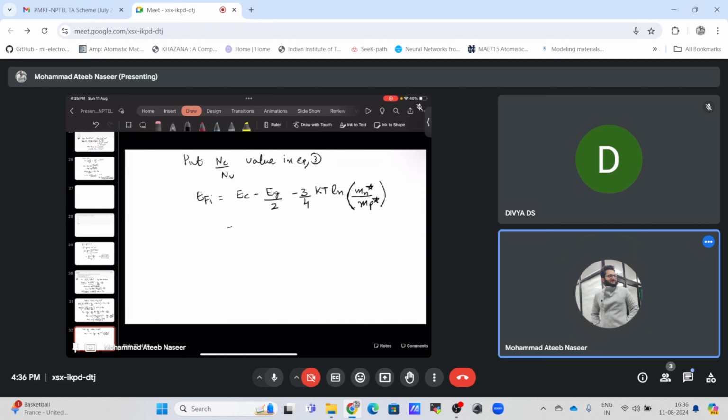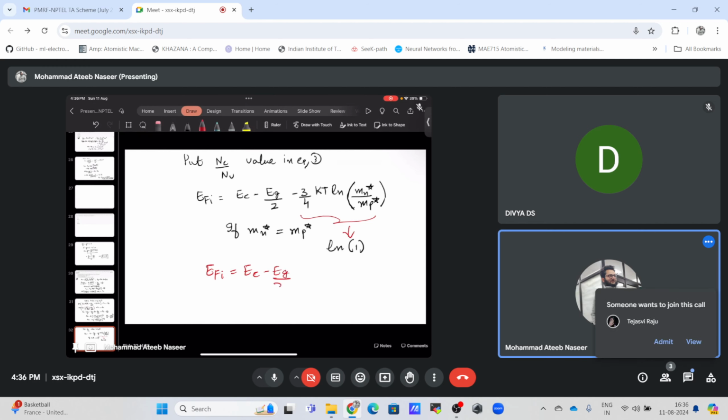Now if mn star is equal to mp star, then this term will be ln of 1, and ln of 1 is 0, so EFi is Ec minus Eg by 2.